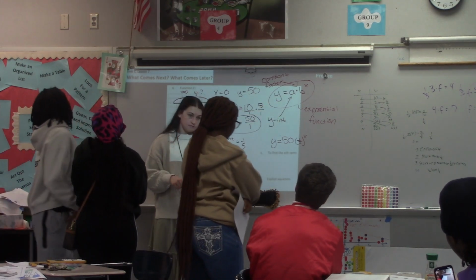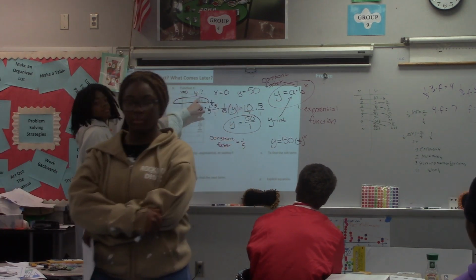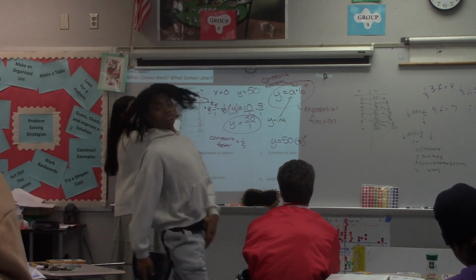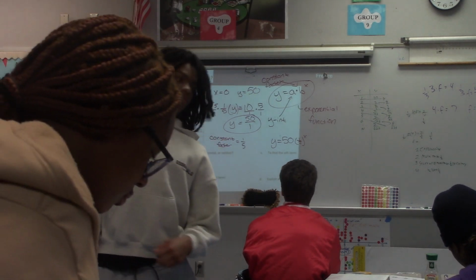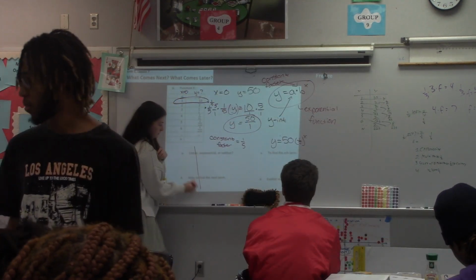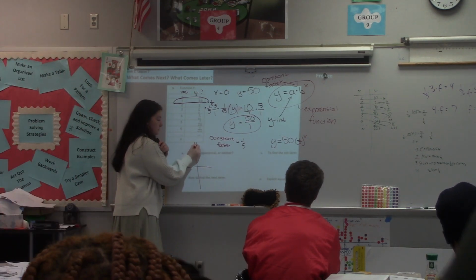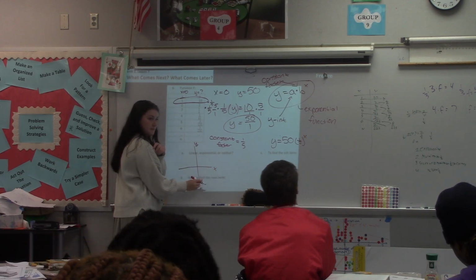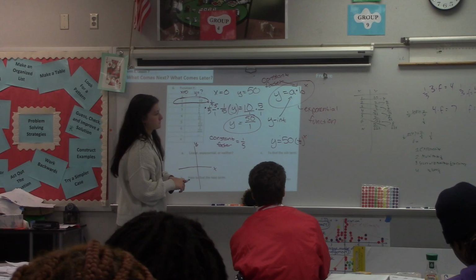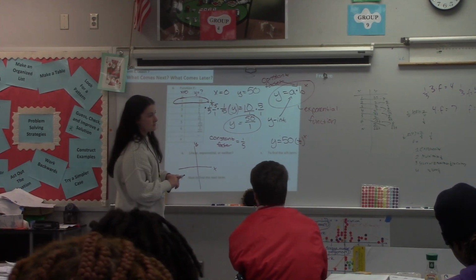So it was not 10. Our y-intercept was 50, because our table starts at 1. Your y-intercept is when x is 0. This is your y-axis, this is your x.